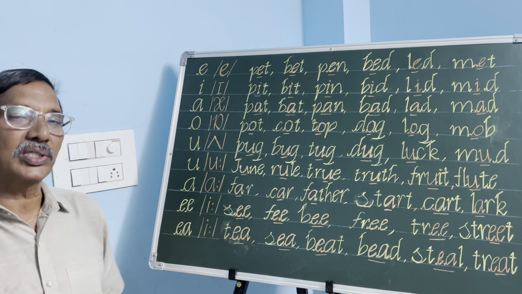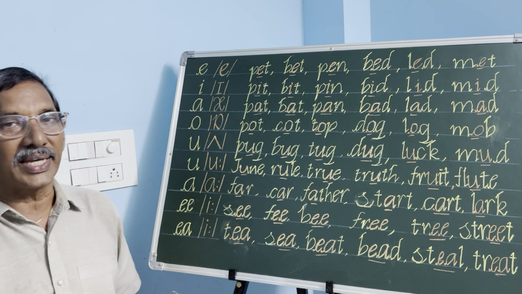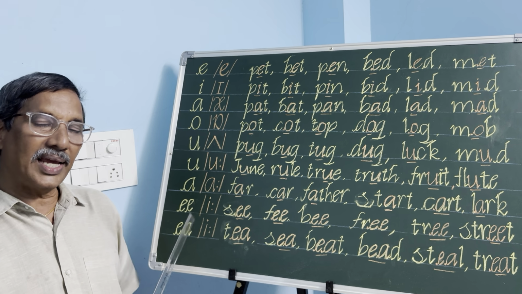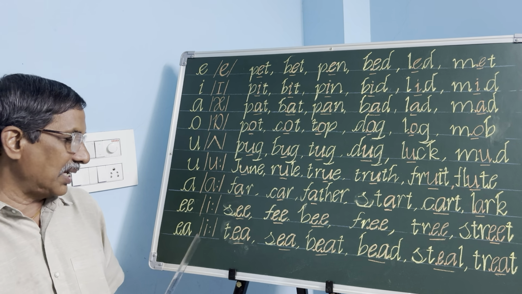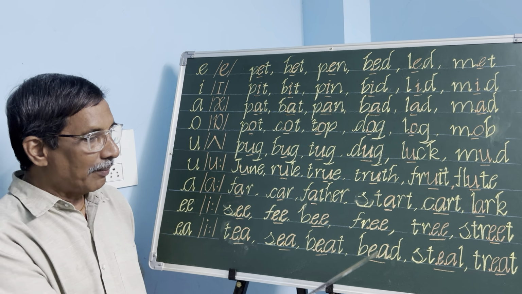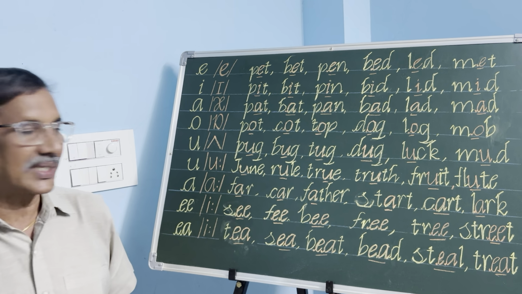In all these words, the double letter E produces the long vowel E sound. In the same way, the letters EA also produce the same E sound in tea, sea, beat, bead, steal, treat, etc.